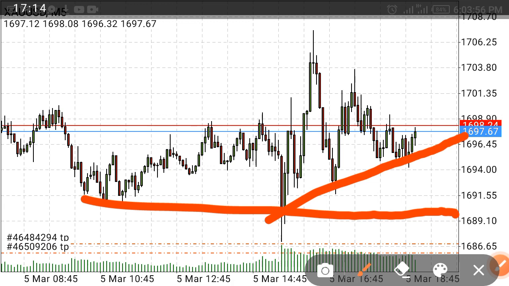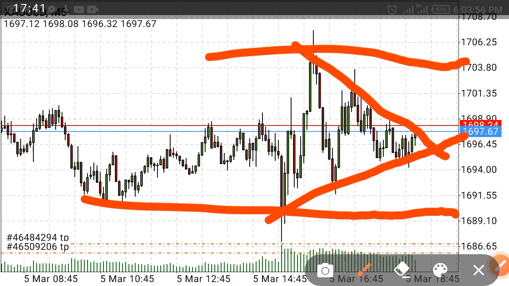You can also use this line as a support. When we get to support and resistance, you will know what I mean by support. And here too can be used. But after getting here, it didn't come there again. It started going down. So with this, you can form an opinion about price movement.